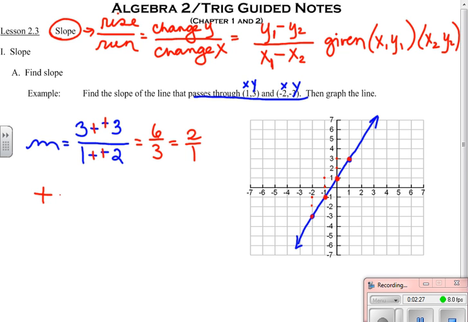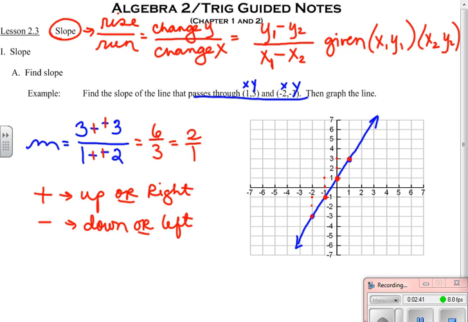Remember, positive slope says go up or right. Negative slope means go down or left. So this tells me to go up 2, right 1, because they're both positive.